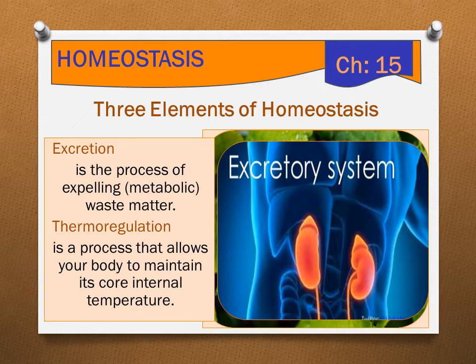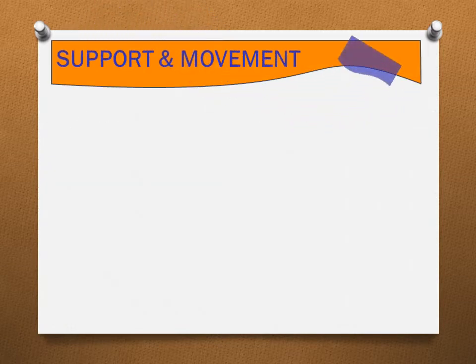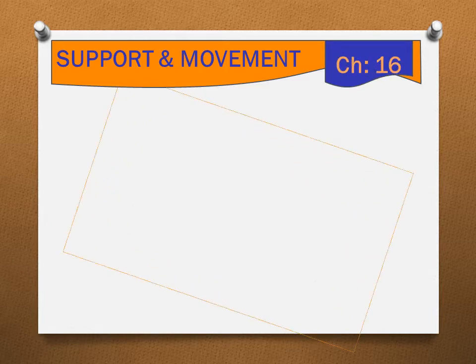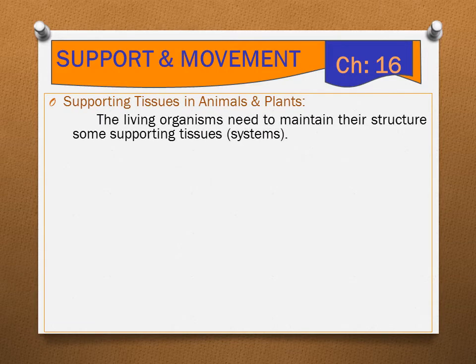Thermoregulation is a process that allows your body to maintain its core internal temperature. Support and movement. In this chapter, we gain information about the supporting tissues in plants and animals.